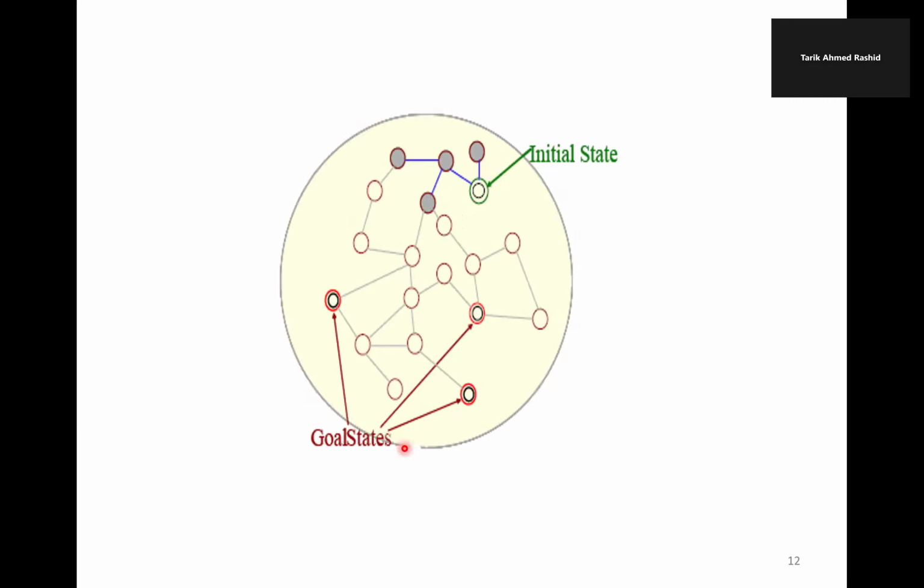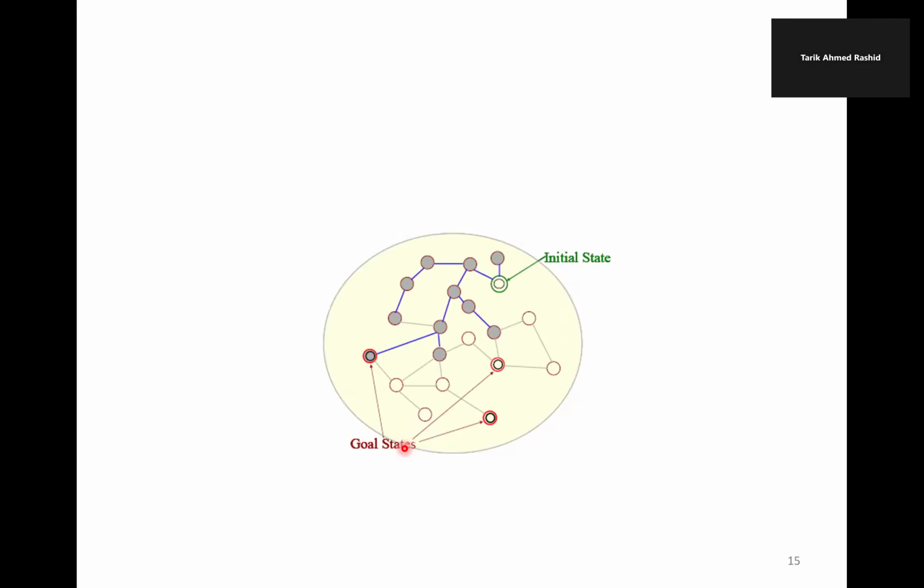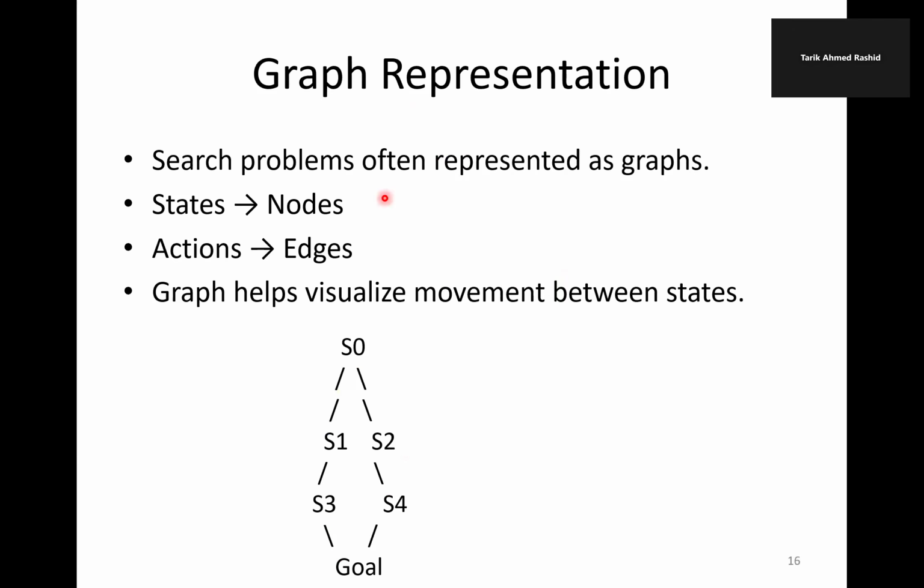In the graph representation, you have states as nodes, and nodes represent the state that has all the information, which could be distance, units, or actions as well. And then actions can be edges to move from one node to another node.